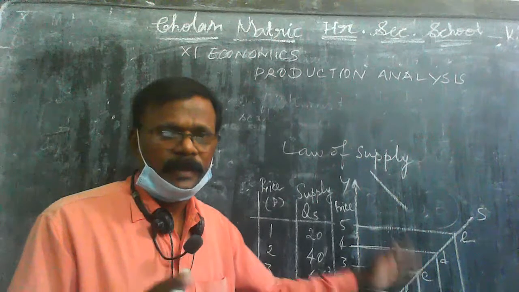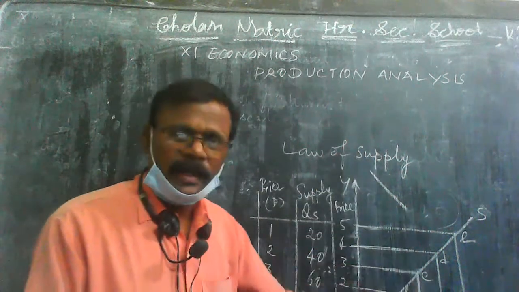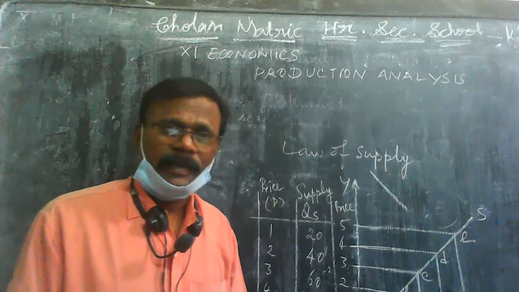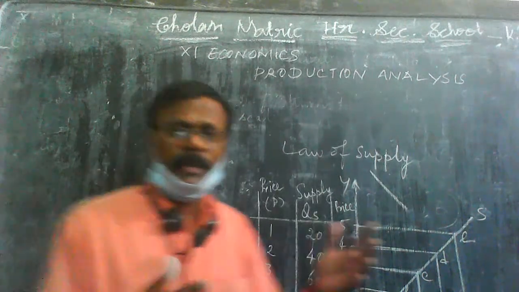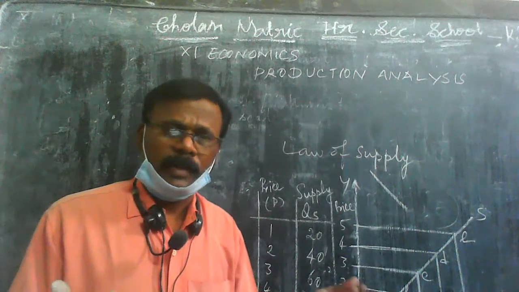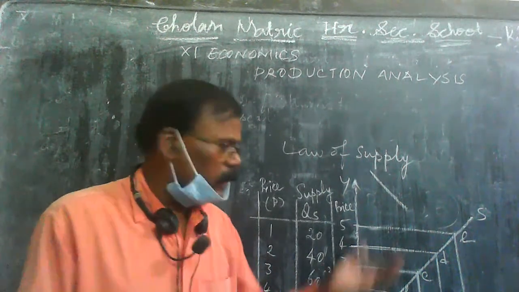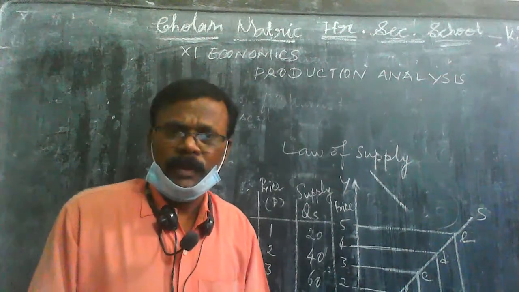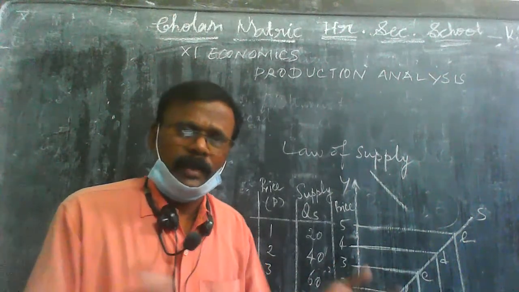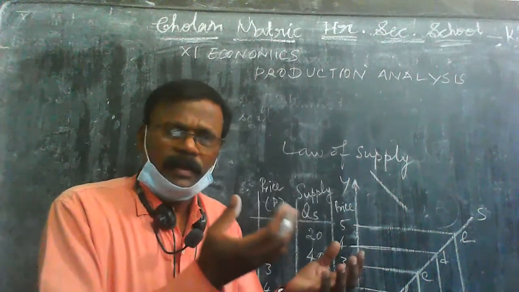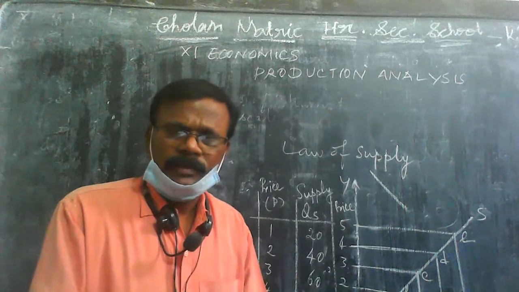Okay. So if you understand these two very clearly, you may not get confusion at any time. Suppose you refer to any other book, or even you can see the demand curve or supply curve in the newspaper. When you read Economic Times or The Hindu newspaper, there you can see India's production level.